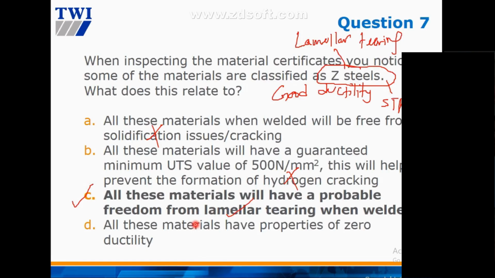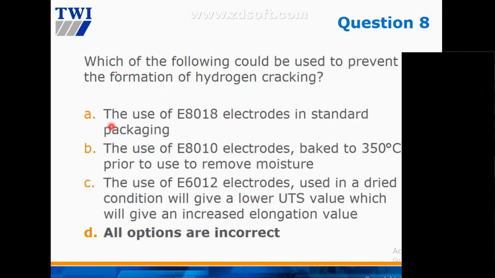All right, 8. Which of the following could be used to prevent hydrogen crack? All right, the answer A is wrong here. Why? We know this is basic electrode, that's basic.